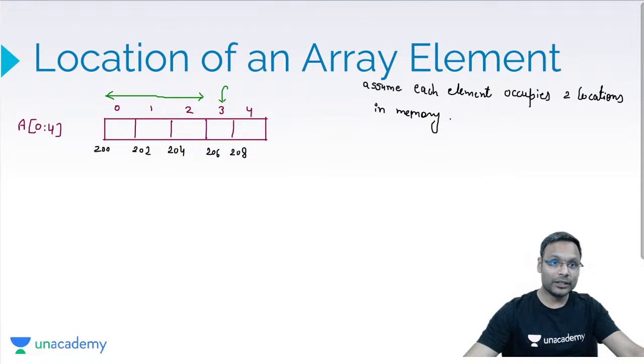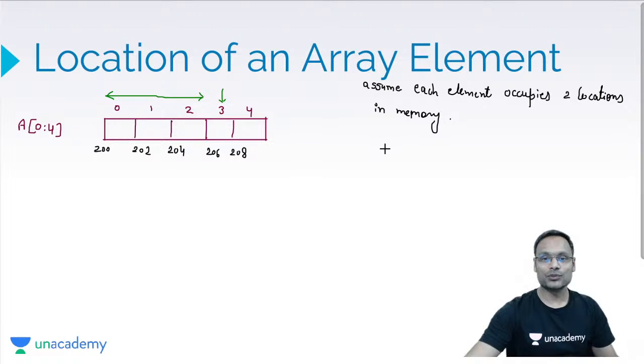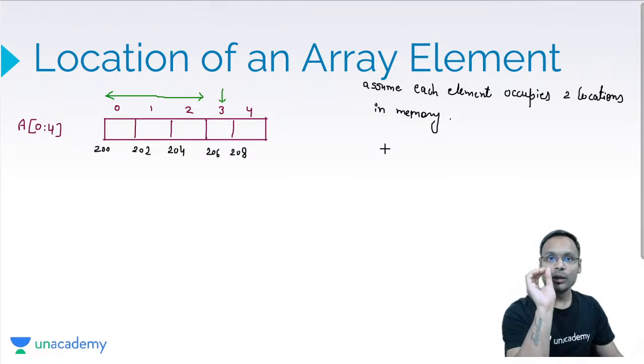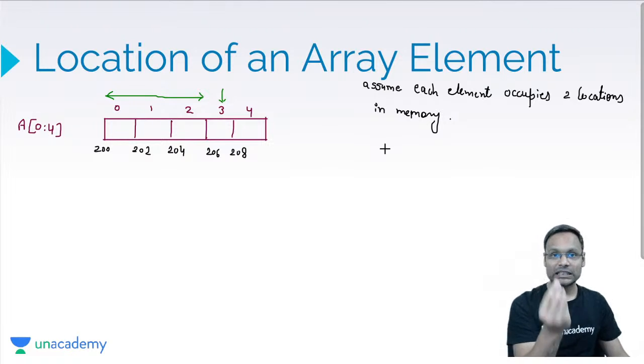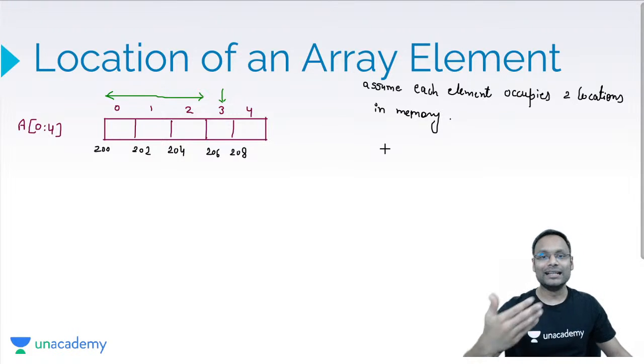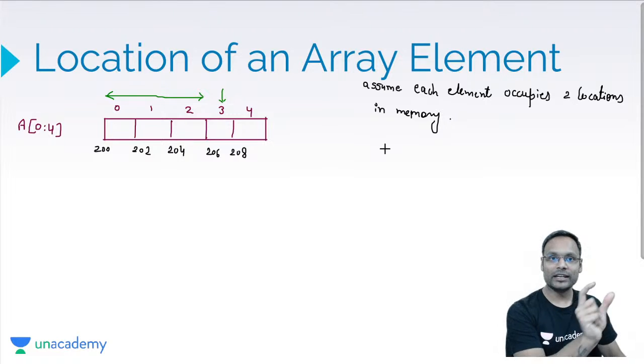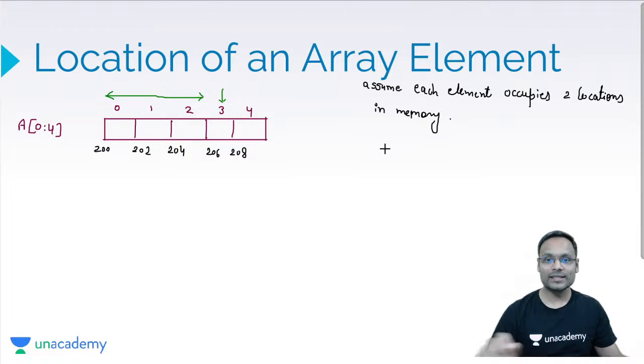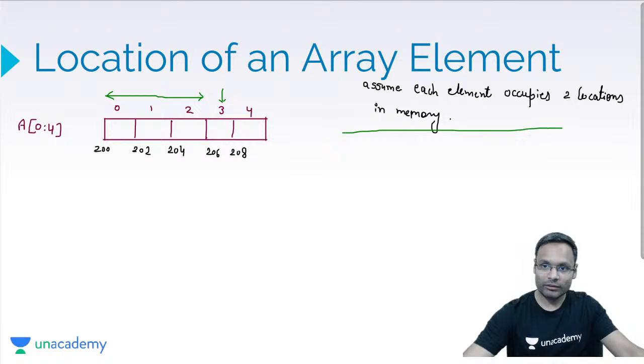This value, how many elements are present before this element at index 3, I will call by a very specific term. That is not any standard term, that's my own term to understand. It is called relative index. So first we will find the relative index.